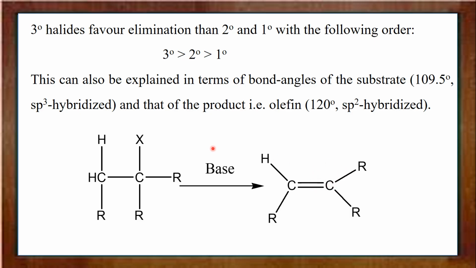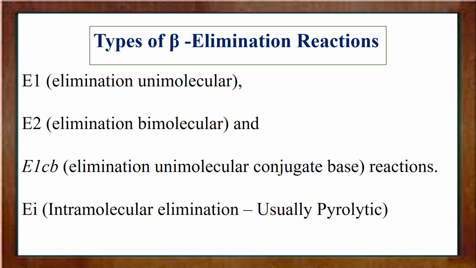Since the bond angle increases, there is some relief from angular strain or steric strain. That is the reason why tertiary substrates undergo elimination more readily. There are four types of beta eliminations, namely E1, E2, E1CB and Ei.